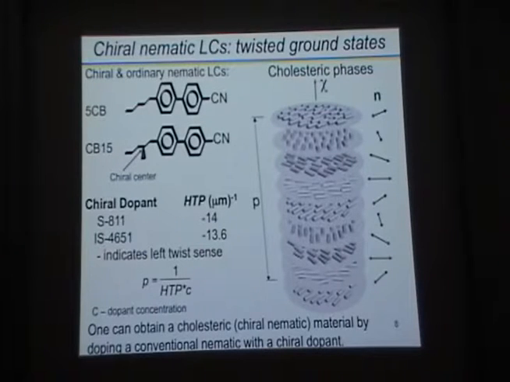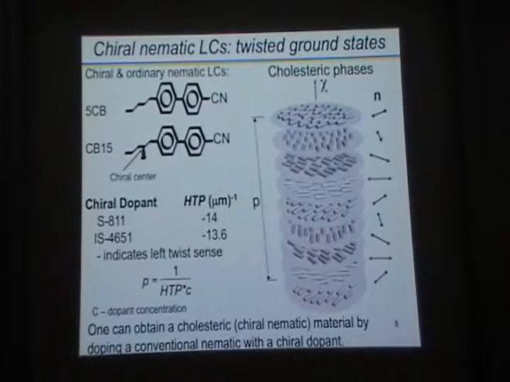And what's beautiful is that you can tune this distance that we call cholesteric pitch over a very broad range, from something like 50 nanometers to hundreds of micrometers. And you can do it either by using different chiral molecules or simply by mixing molecules that have this chiral center with the molecules that don't, right?